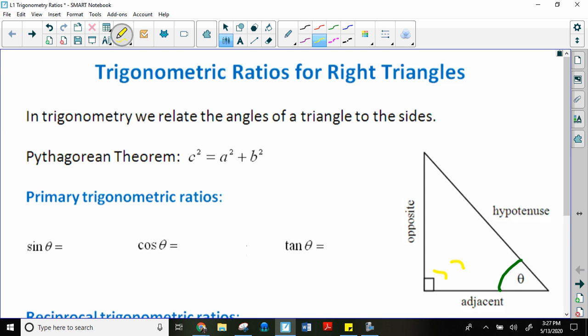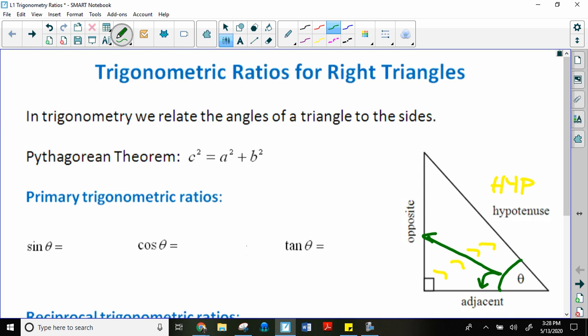There's going to be the hypotenuse, which is always across from the 90 degree right angle. Then you've got, across from the given angle, your opposite side, and then the word adjacent means to be beside. Your adjacent side is the one that touches, that's not the hypotenuse or the opposite.